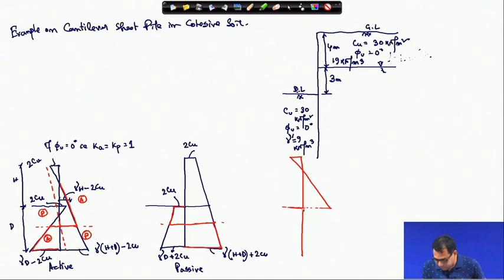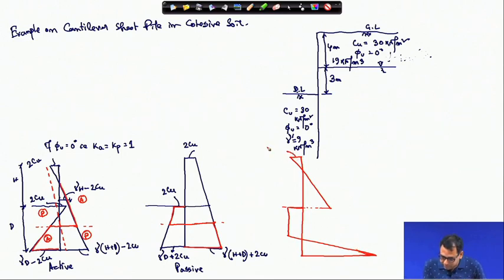Then, as I explained in the last class, you will shift here, then it will continue, and then it will again come to this side, because here this portion is passive. So, it is more. So, the net pressure diagram will shift from right to left, and again at the bottom on the right side, the passive is more compared to active, so it will shift again from left side to right side.